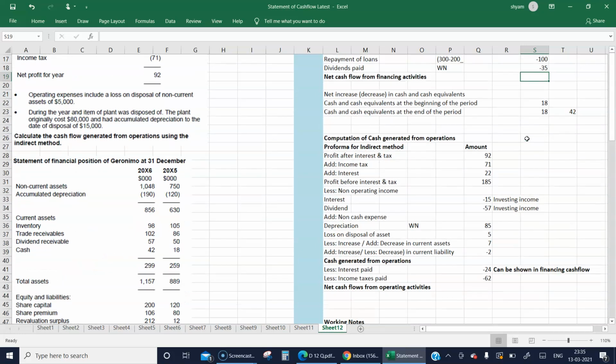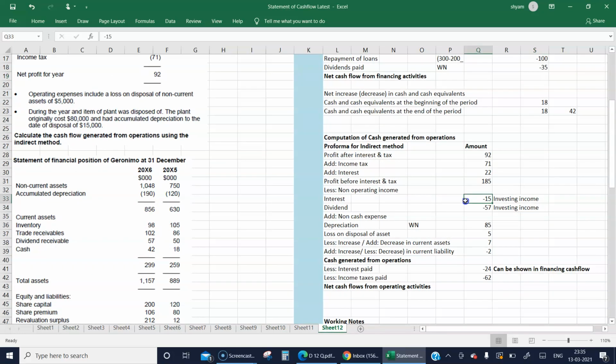Let's first finish the operating cash flow so that we'll get the answer. We can just directly sum it because we have taken the signs perfectly. So 307 should be the net operating cash flow, the cash flow generated from operations.